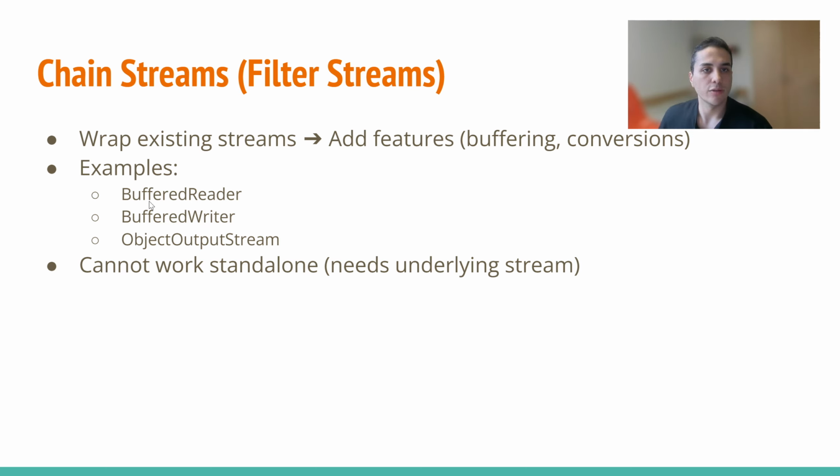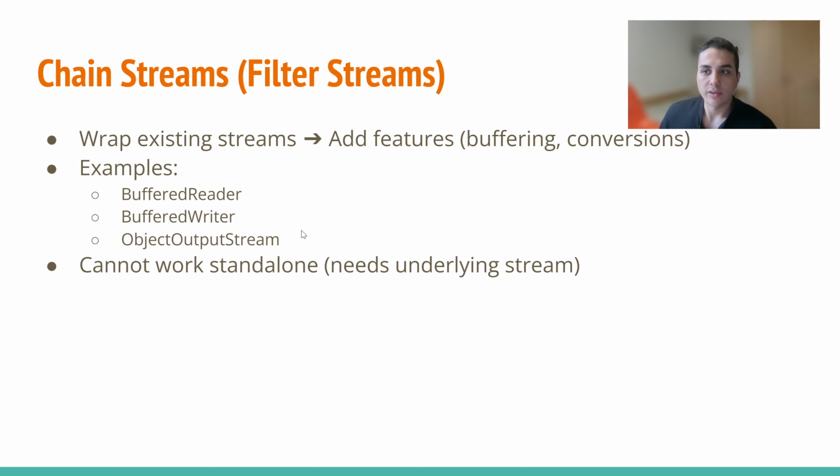For example, BufferedReader is a chain stream, and it wraps another reader like FileReader to buffer input and allow reading lines efficiently. Similarly, we have BufferedOutputStream, which wraps an output stream to buffer output. And we have ObjectOutputStream, which wraps a lower-level stream to write Java objects in serialized form.